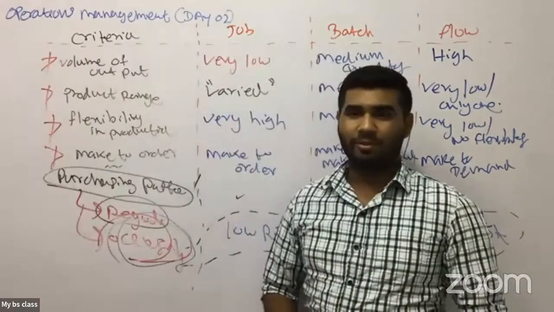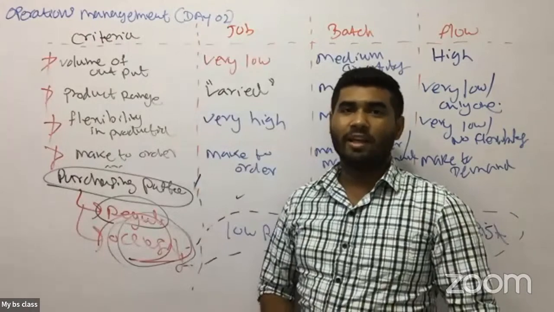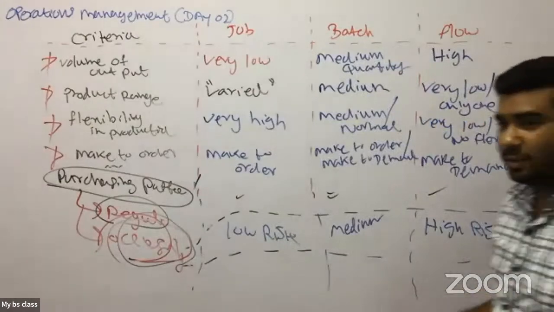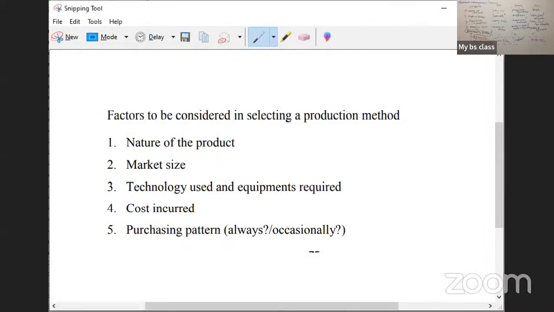Let's see. I also could check. I requested some of the students to share, so now only they are sharing the one. Let's see. I'll show that to you as well. Right. So at the same time, will you be able to complete this part? Let me share the content: the factors to be considered. And also there's a good explanation I have provided. Right. So let's highlight a couple of points from there. And in the meantime, will you be able to complete this one?